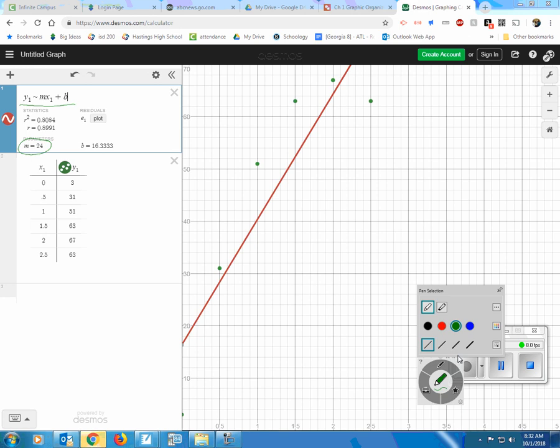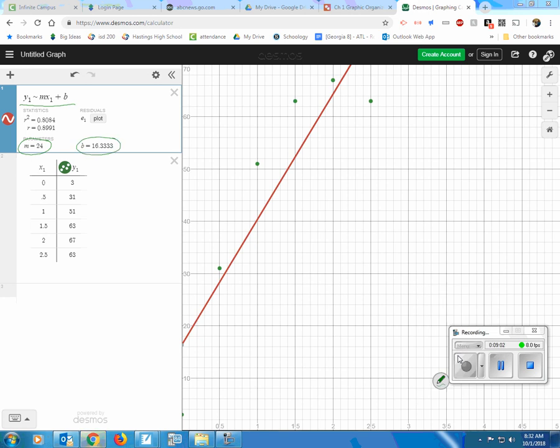Here's my m, here's my b, and there's my correlation coefficient, which looks like a strong positive. So if I was going to write this as a linear regression, y equals mx plus b, instead of writing m, I'm going to write 24. And instead of writing b, it looks like 16.3 rounded. And I'd agree that this looks like it hits about 16.3.